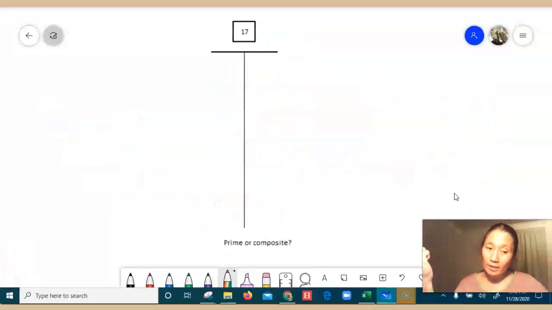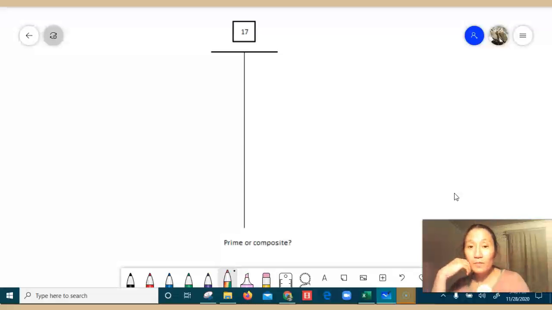So now we're going to look at another number, and this number happens to be 17, and we have to decide, is 17 going to be prime or composite? We need to find all the factor pairs of 17. So we start with 1. 1 times what equals 17? Well, 1 times 17 equals 17.